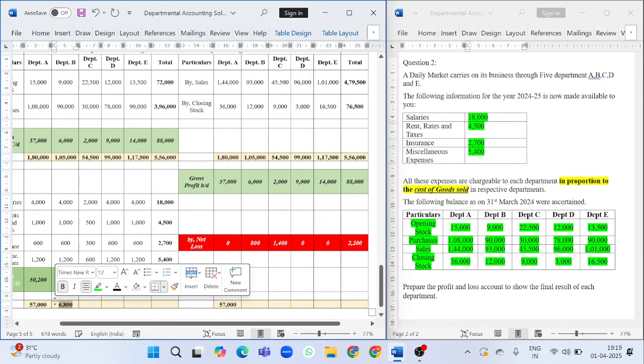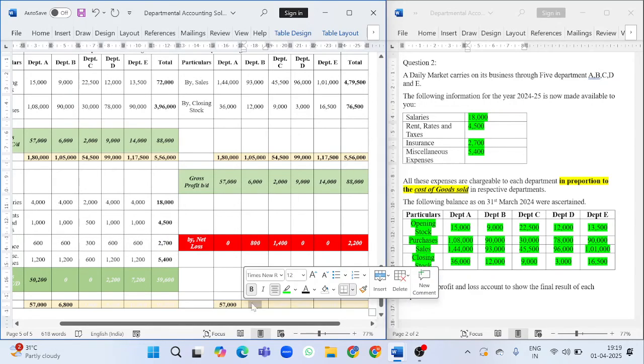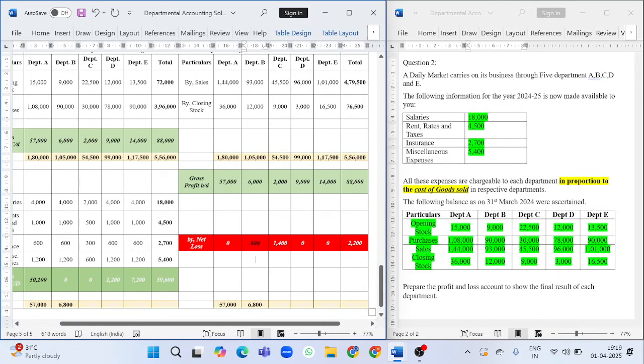Now for department B, the debit side total is coming more. So the debit side total is 6,800. When you add 4,000, 1,000, 600 and 1,200, you are getting 6,800. The same balance I am writing on the right side. And from 6,800, when I subtract 6,000, I am getting the value 800 rupees. Clear?